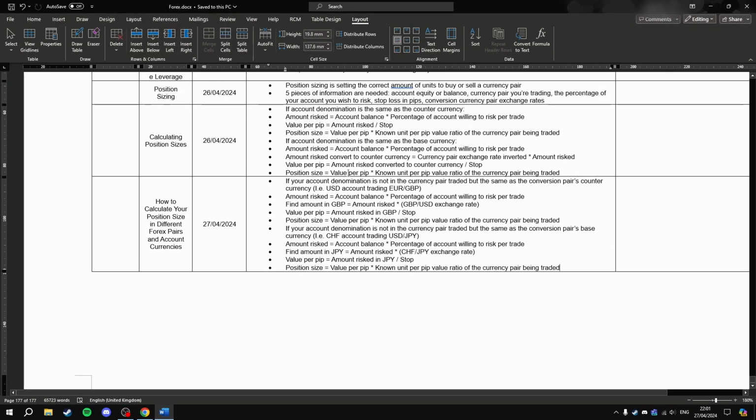What's the difference? If your account denomination is not in the currency pair traded, but the same as the conversion pair's counter or base: USD account trading EUR GBP, CHF account trading USD JPY.